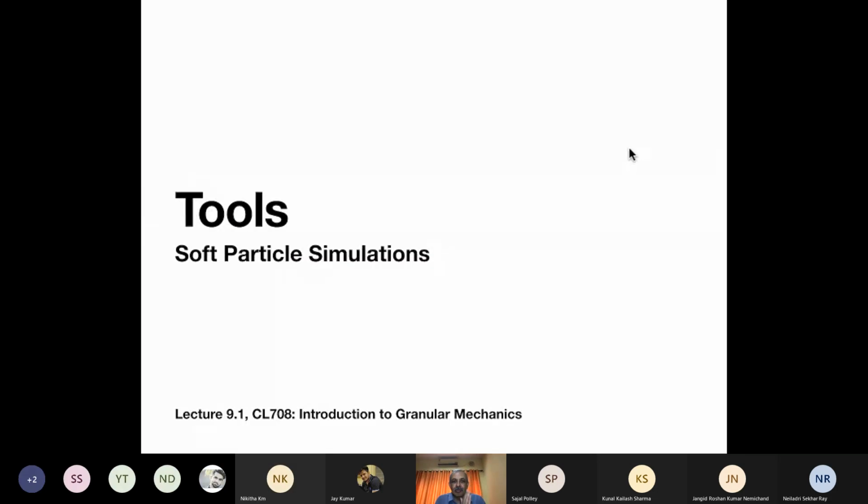Okay, so then let's review it a bit. For the last several classes, we have been learning about tools which will help us to actually study granular materials and granular flows in a nice way.